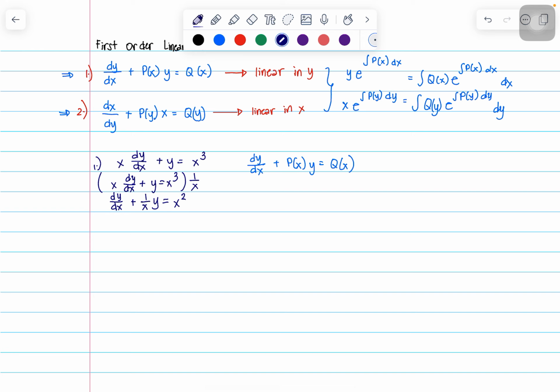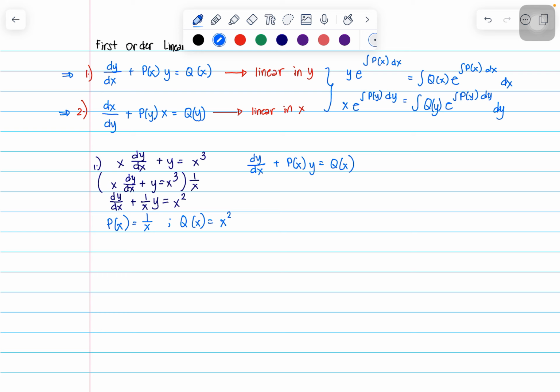So we have your p of x is 1 over x, and your q of x is x squared. Now, to get the solution to this DE, we need to follow the formula.